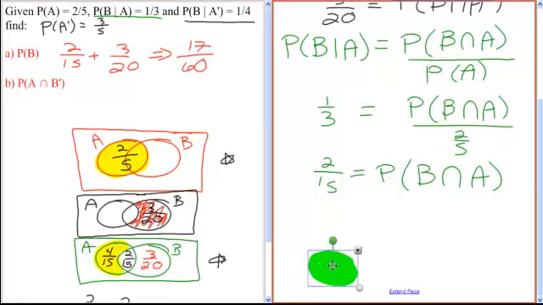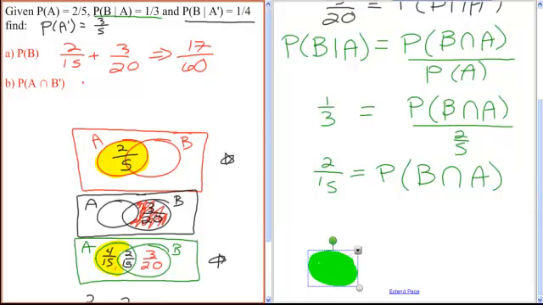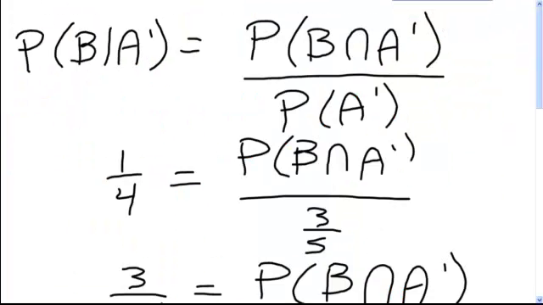So that's the first part I needed to find. Part B asked, what's the intersection of A with the complement of B? And we ended up already calculating that. That's this yellow highlighted portion down here in this bottom one, and that's just 4/15.